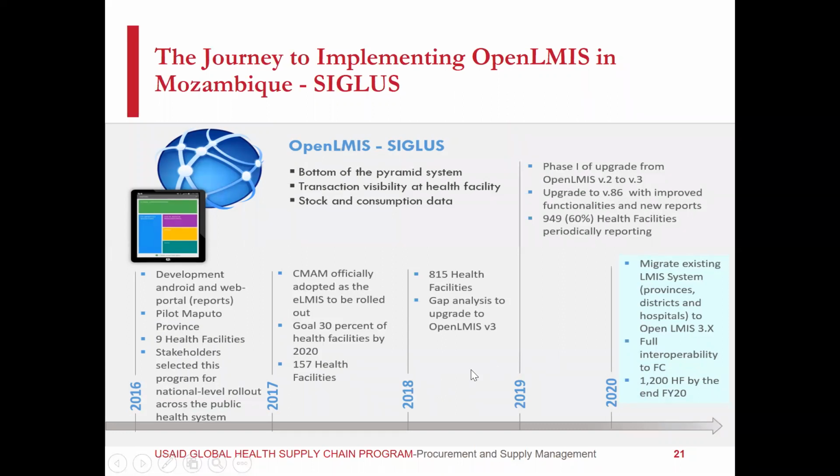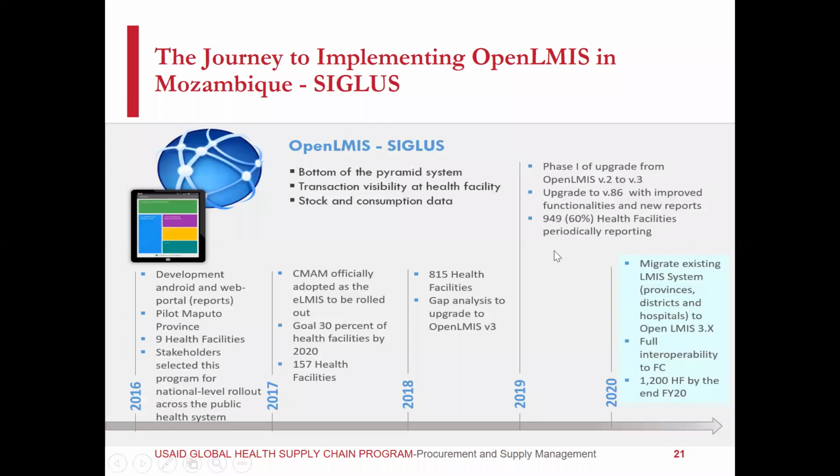A pilot phase was conducted in Maputo province in 8 health facilities. In this year, stakeholders selected this program for national level rollout across the public health system. So in 2017, the Central Medical Authority of the Ministry of Health of Mozambique officially adopted it as the eLMIS to be rolled out.